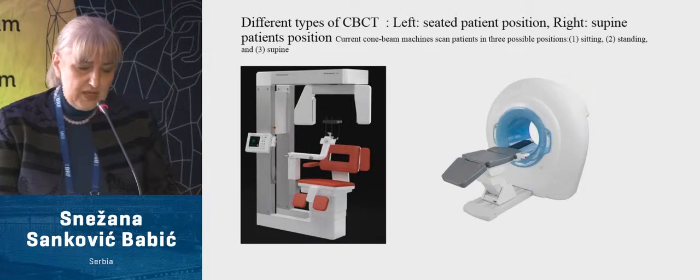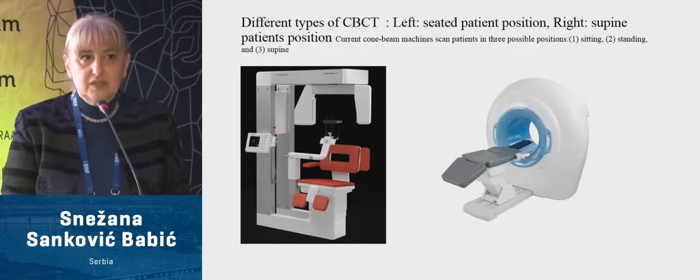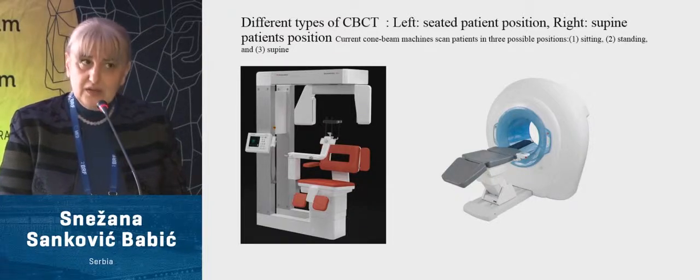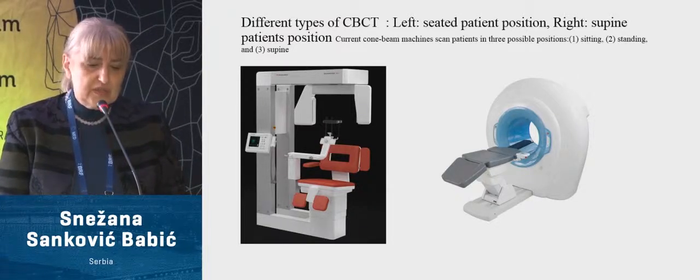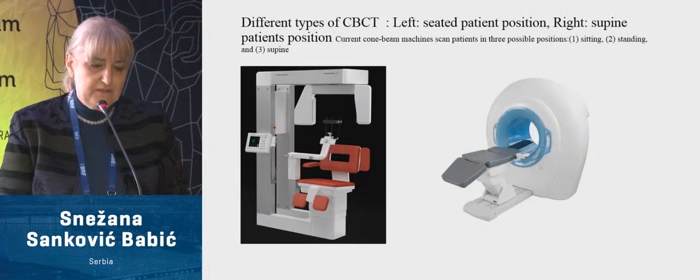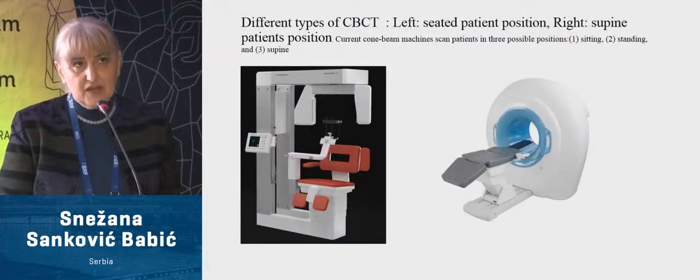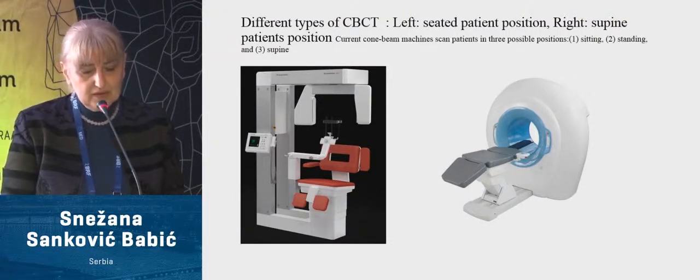We are using nowadays two types of CBCT machines. Usually, machines in everyday use have a seated position of the patients, because it is a highly and fast developing technical equipment.